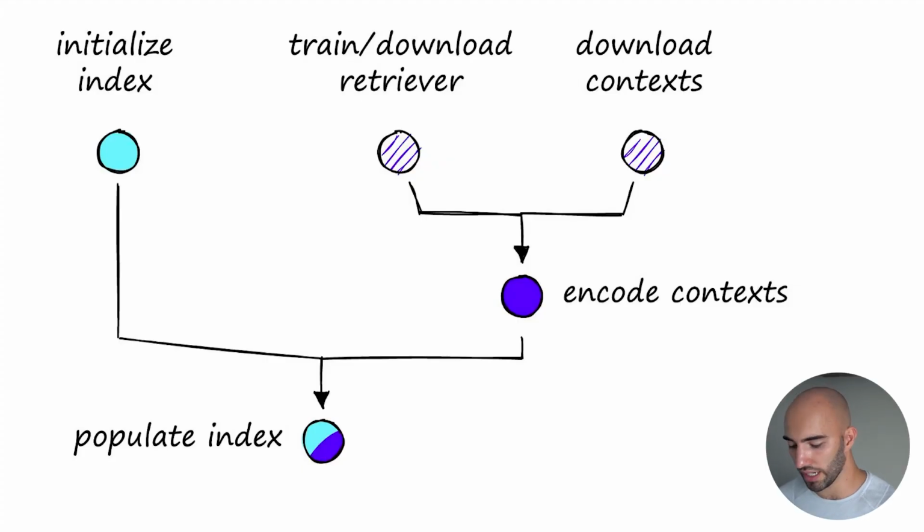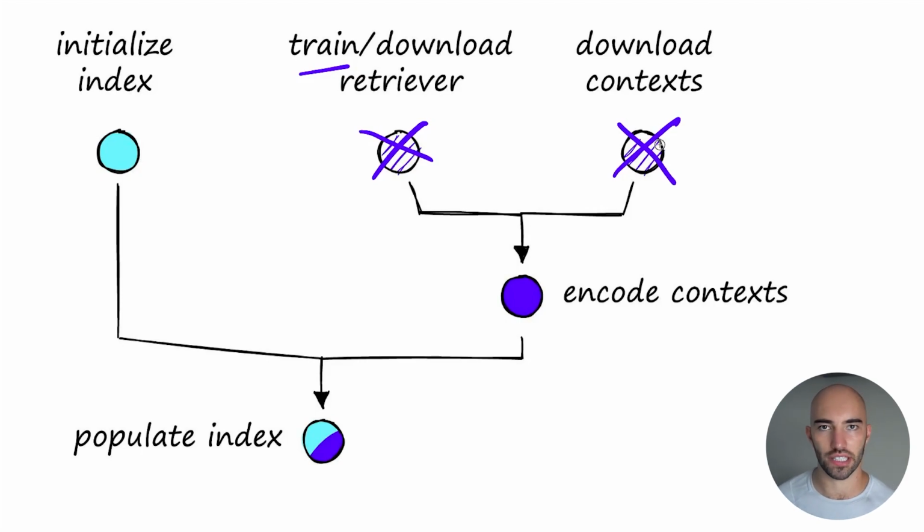Okay, so we have fine-tuned our retrieval model now, but we can't really use it unless we store the vectors that we create with our retrieval model somewhere. So we need a vector database. Now, to do that, we need to take a few steps. We have already done a few. We have trained our retrieval model, so we can cross that off. We've also downloaded a load of context, the SQuAD context.